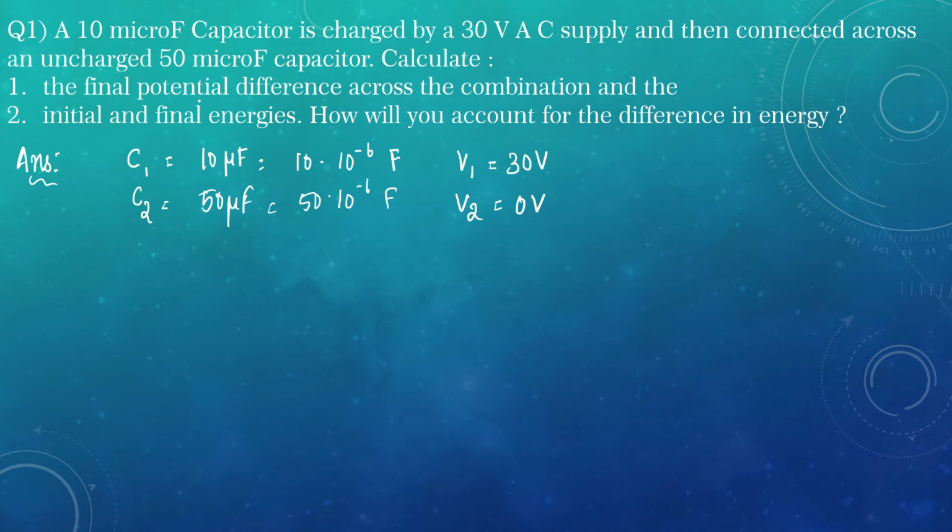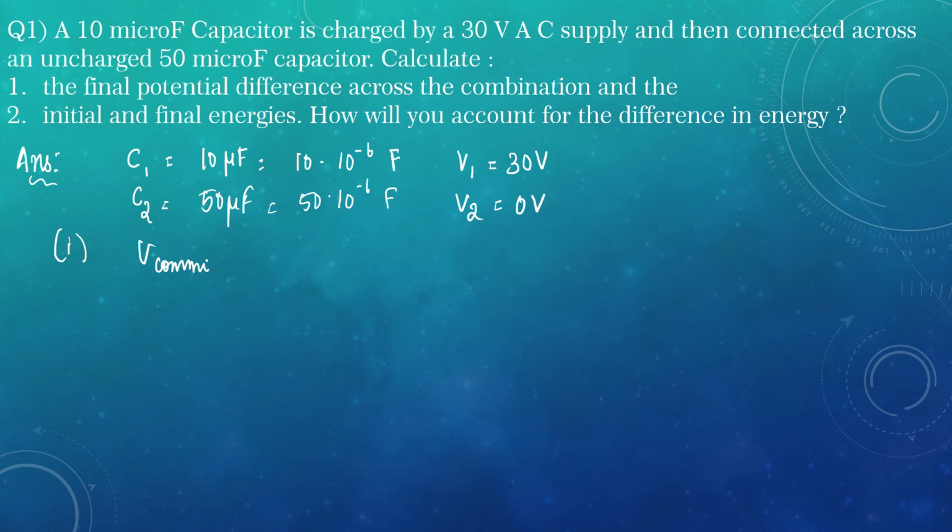We need to calculate the final potential difference across the combination. That means we have to find V common.